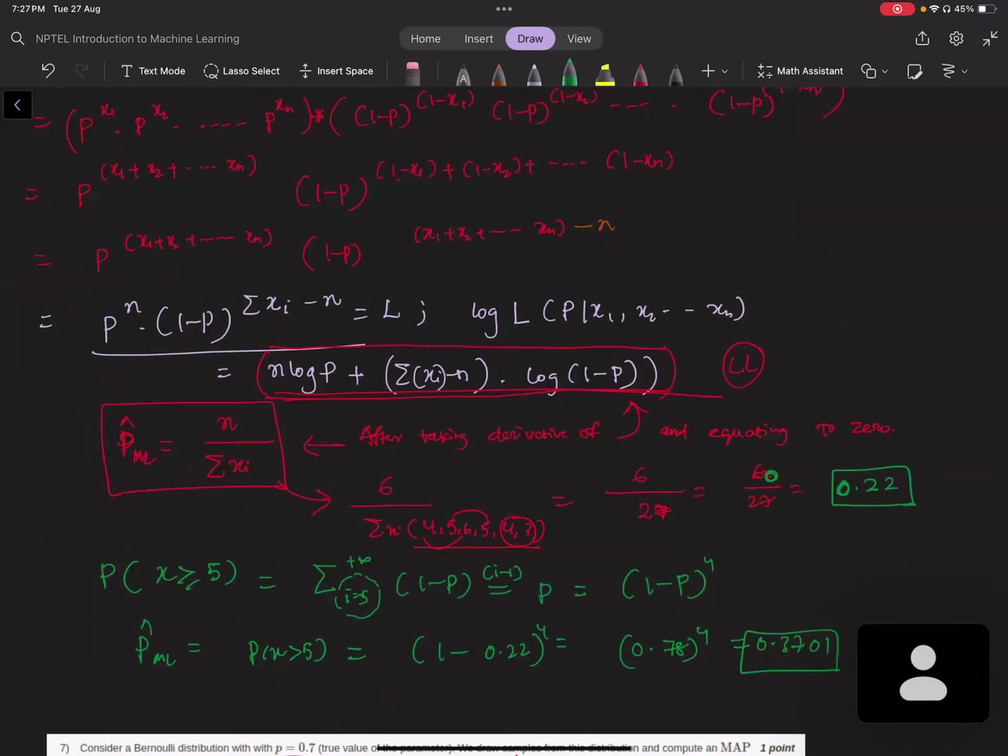Then we substituted the values of x and n to get our p ml, the maximum value. Then we found the probability of x greater than or equal to 5. Just put all those values and we got the answer. Someone said B, right? It should be D.